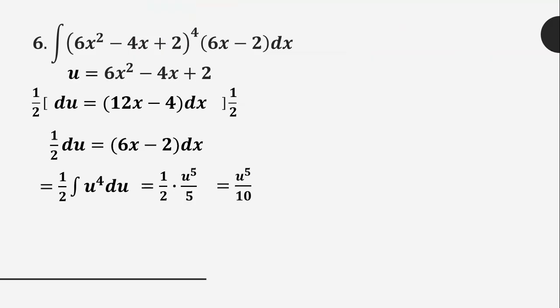And the simplified form is u raised to 5 over 10. Notice that we can replace again the u function with this entire expression in x. So that becomes the quantity 6x squared minus 4x plus 2 raised to the 5th power over 10 plus c. And this is already the final answer.